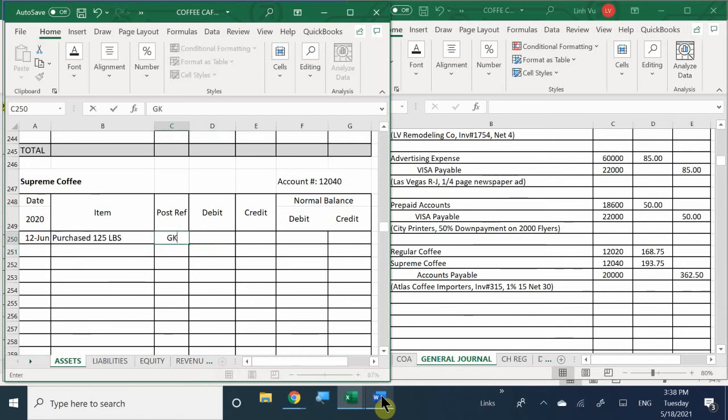Post reference, it's General Journal 4, and once again, 155 times 125 should give me a grand total of 193.75, which is my very first account balance. You can add that information in there, multiply, and double confirm. However you get there, just make sure those numbers match.